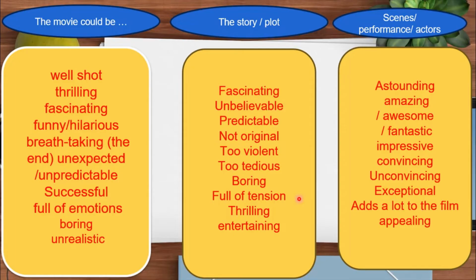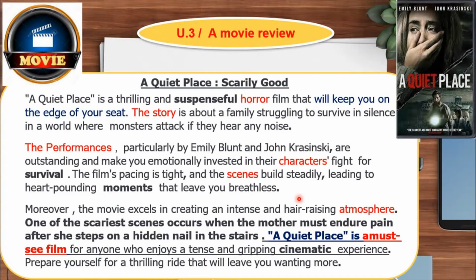Now let's go on to our model of movie review. In fact, I have made some changes to the model we have in the textbook. We have the same movie, A Quiet Place, because it's really a good movie to talk about. So if you notice here, we have many words in red. These are the main elements of any movie you have to focus on.